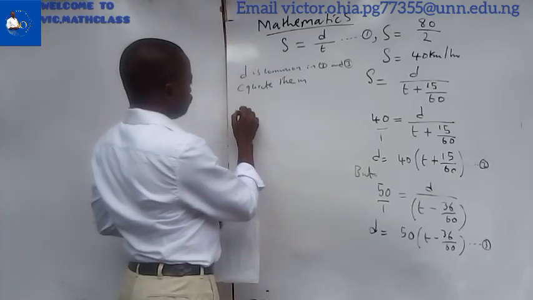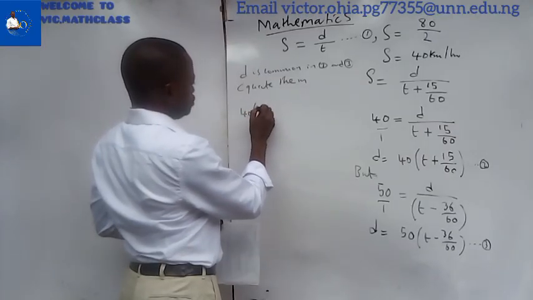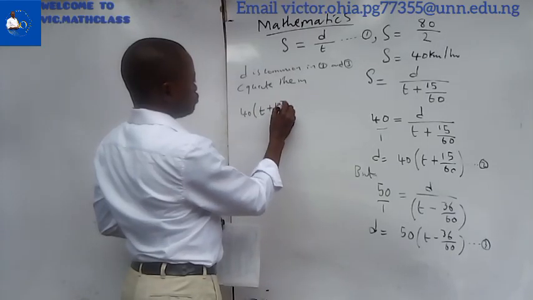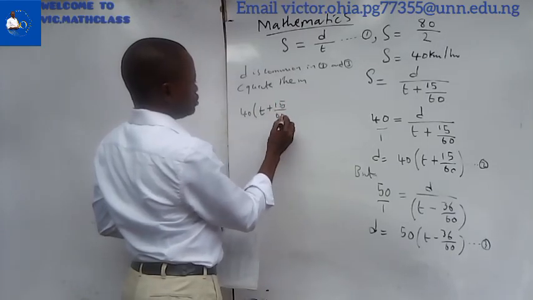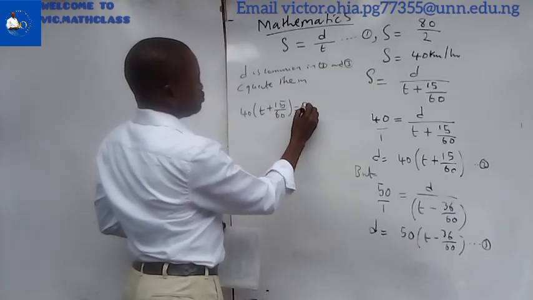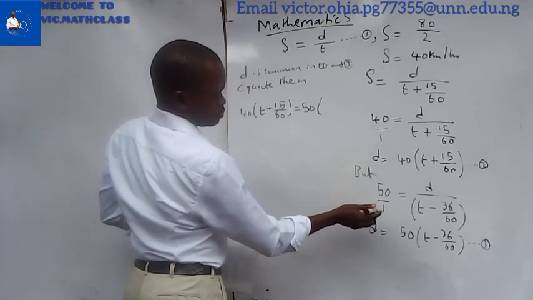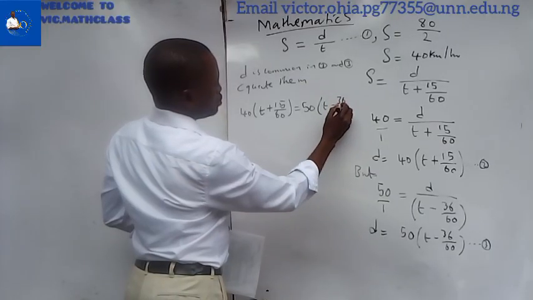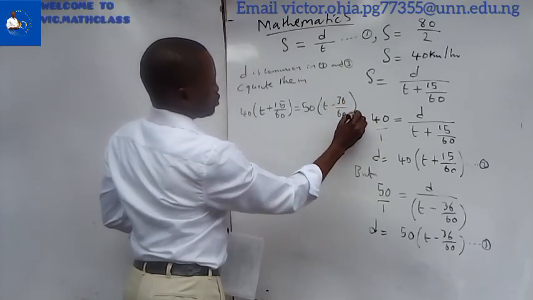So we can have 40(t plus 15 over 60) equals to 50(t minus 36 over 60).